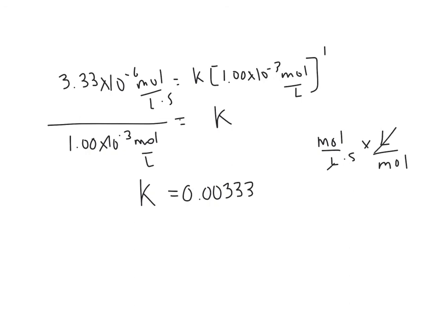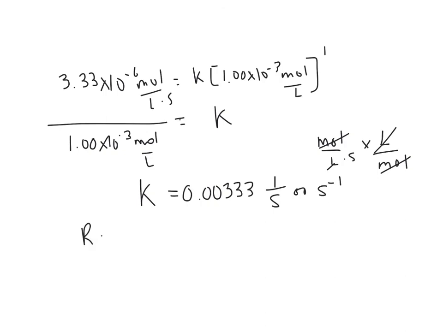The liters cancel, the moles cancel. S is still underneath, so it's 1 over S, or we can write that as S to the negative 1. So all first order reactions, this will be your unit. S to the negative 1 or 1 over S for your units.